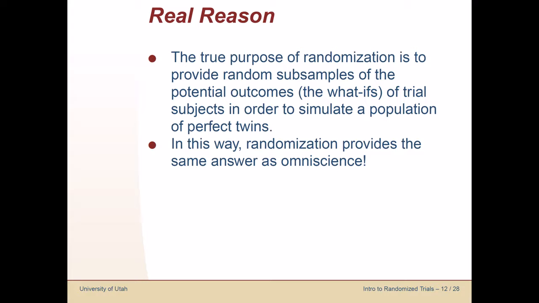That's exactly what randomization is doing. And in that same way, randomization actually provides the same answer as omniscience. So, a really surprising result there. We get the same answer as if we, in fact, knew everything.